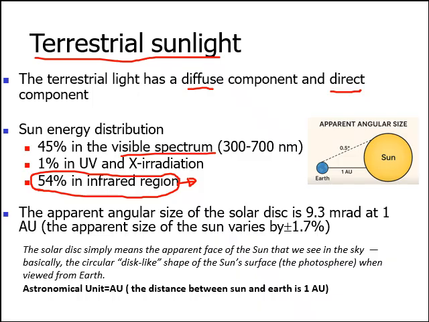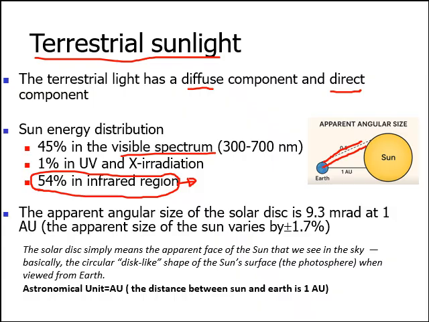So now we are going to see, if we look from the earth, if we look at the sun, we will always see it as a small disk, right? Small yellow disk. So that's why we need to count this angle, the angular size, and this one is found to be 9.3 milliradian.